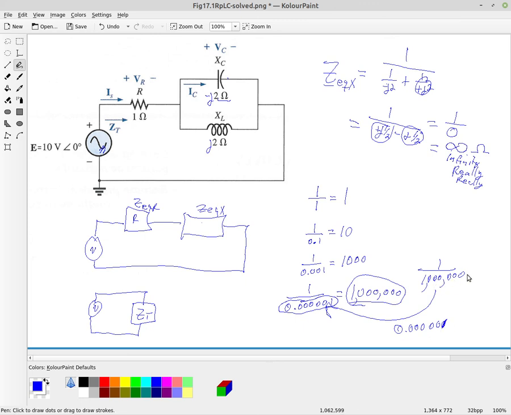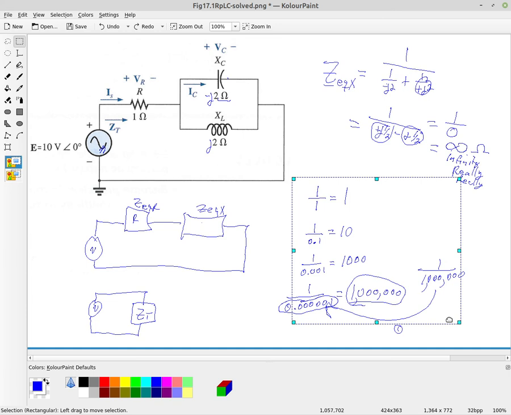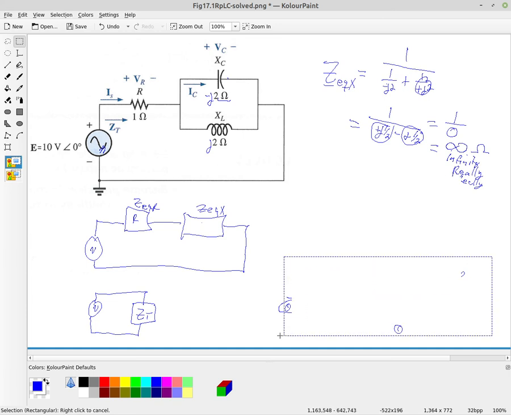So if you divide by a really big number, then you end up with a really small number. And that's all infinity is saying. It's just saying that, hey, this is a really, really, really big impedance. So we don't have an undefined impedance. What we have is a really, really large impedance.